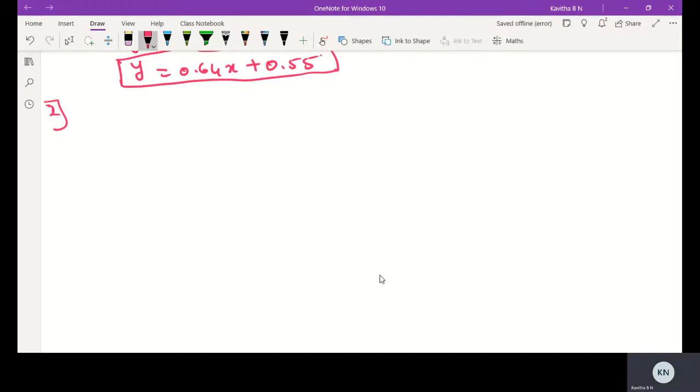Okay, take down this problem. It is a straight line.